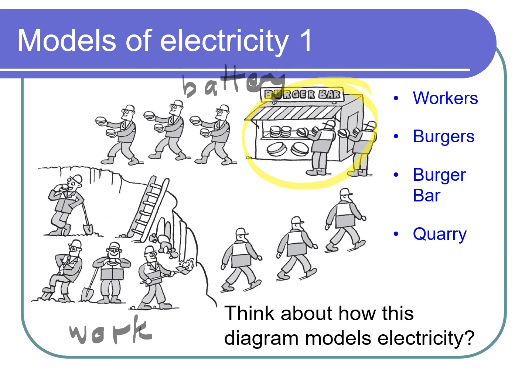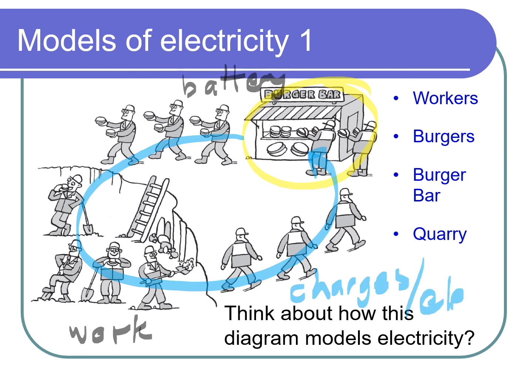The men are walking around here, so the men represent charges or electrons. They're doing some work down here, so this represents something like a lamp or a motor. So we can think of electrons as going to a battery, collecting energy. They then carry the energy and then they transfer it, they do some work. Let's look at the next one.